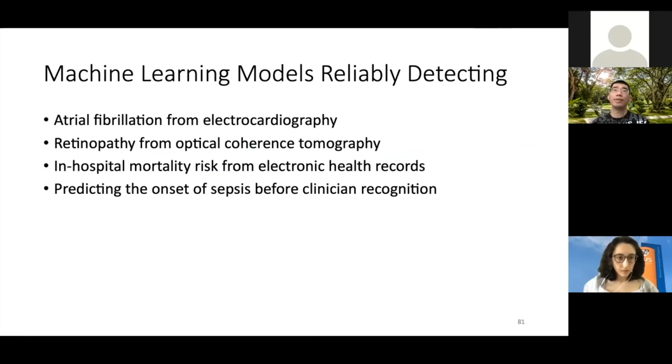So many machine learning models for healthcare applications have been shown to be capable of reliably detecting atrial fibrillation from electrocardiography, retinopathy from optical coherence tomography, and in-hospital mortality risk from electronic health records. And even more abstract clinical situations, such as predicting the onset of sepsis before clinician recognition.